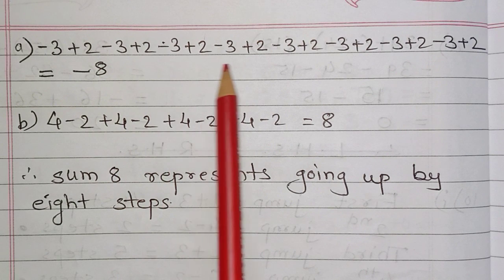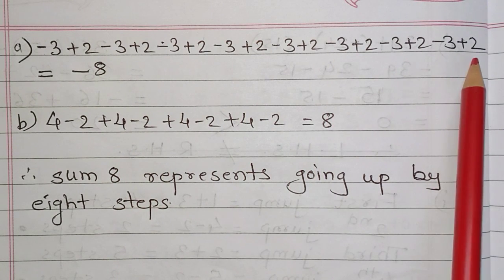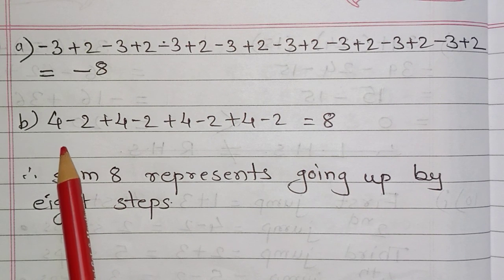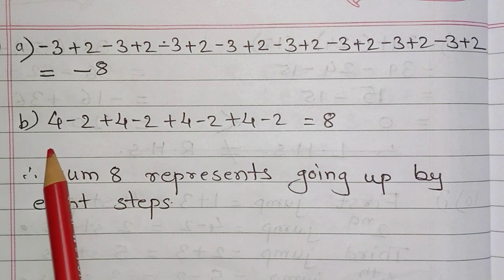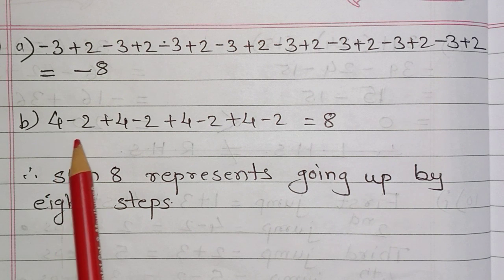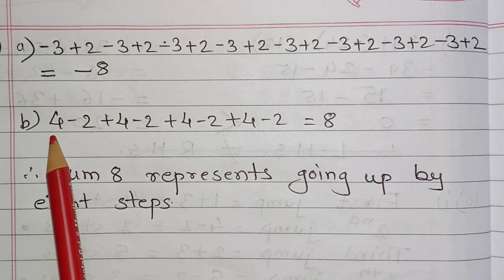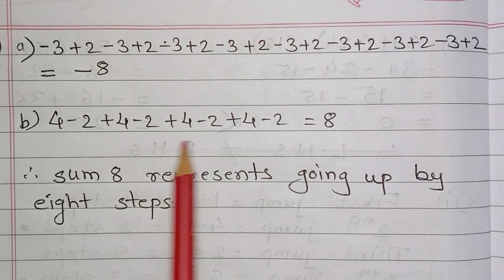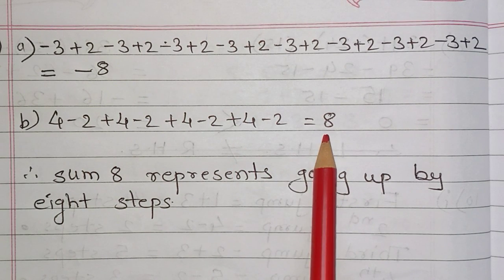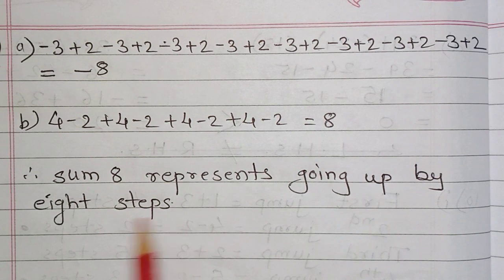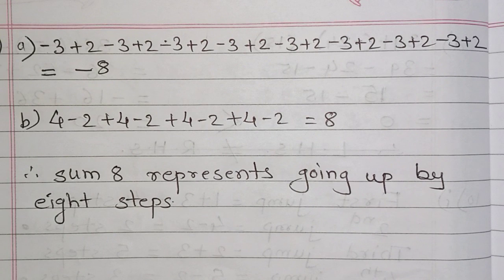So I have added each of his movements and I got the answer minus 8. Here again coming up is positive and going down is negative. So I have added all his moves, 4 for coming up and minus 2 for going down. After adding it, I got the answer 8. So therefore the sum 8 represents going up by 8 steps.